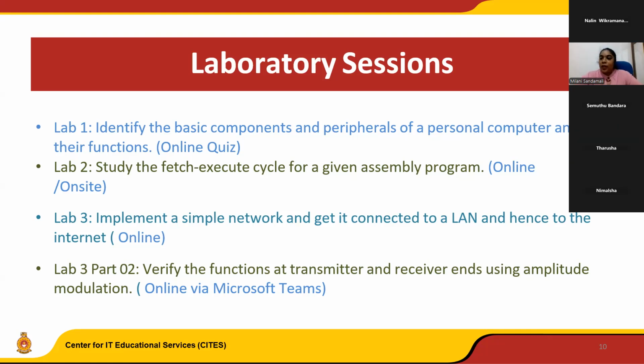Some lab sessions will require you to submit a lab report, and you also have to face a viva voce, that means a face-to-face questioning. Some labs will be evaluated through an online quiz.